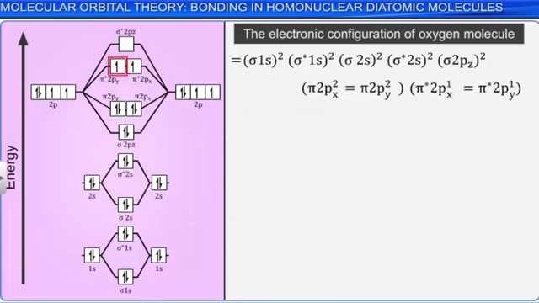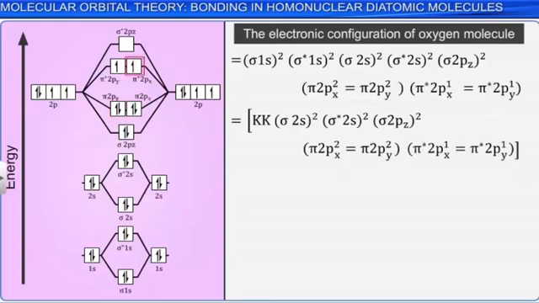which can also be written as KK sigma 2s2, sigma star 2s2, sigma 2pz2, pi 2px2, pi 2py2, pi star 2px1, pi star 2py1. The electronic configuration of oxygen molecule is such that there are 10 electrons in the bonding molecular orbitals and 6 in the anti-bonding molecular orbitals.